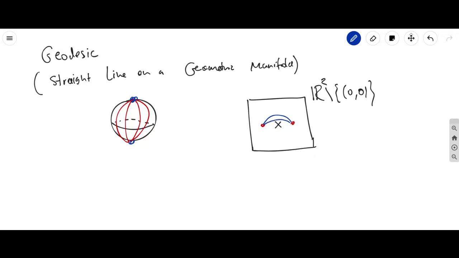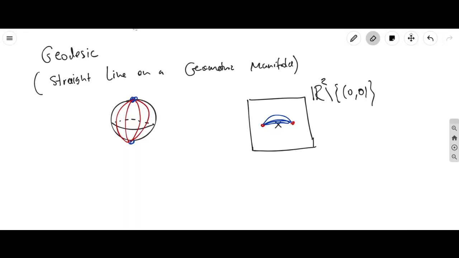But then you can make the path shorter, and you can make the path shorter, and you're kind of arbitrarily closing in on the straight line, but it's not part of your space, as you can see. Okay, so geodesics do not necessarily have to exist. And even if they do exist, there could be multiple such paths.